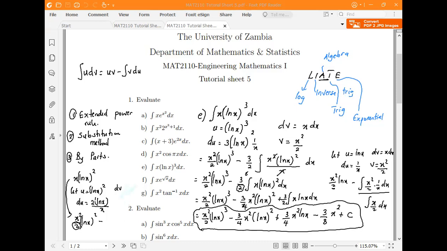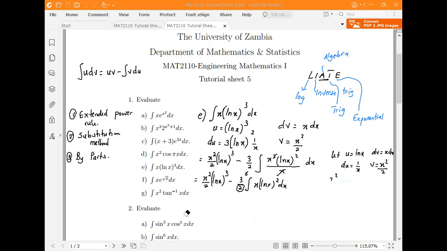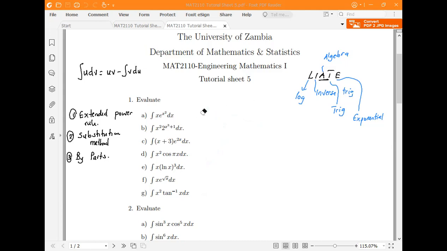The next one is f. We've talked so much about the exponentials.